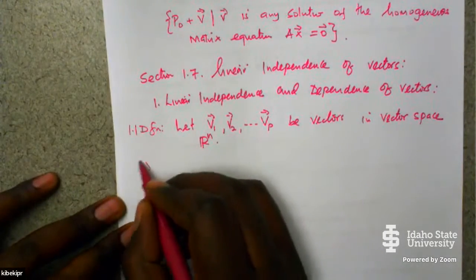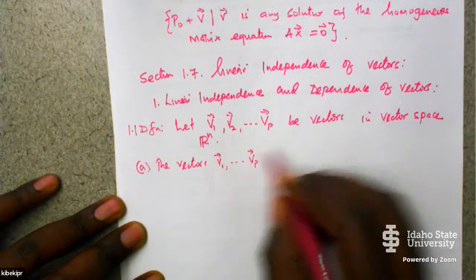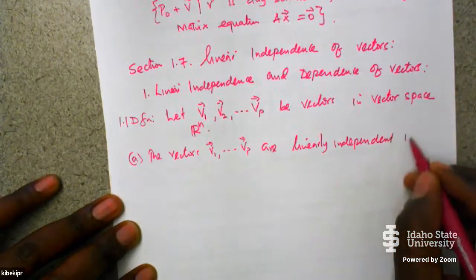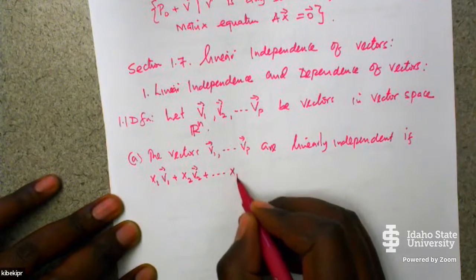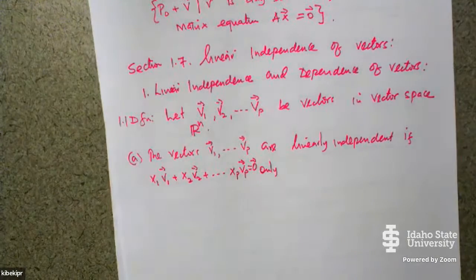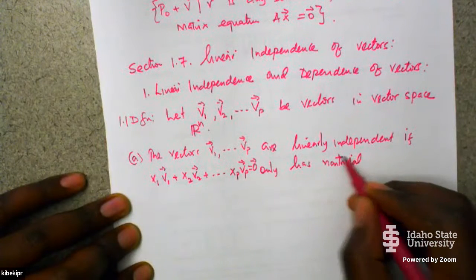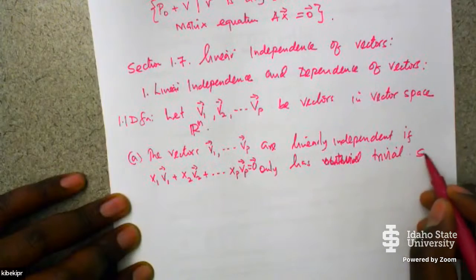Then A, the vectors V1 up to Vp are linearly independent if x1 v1 plus x2 v2 plus xp vp equals the 0 vector, that is, the homogeneous equation, only has the trivial solution.